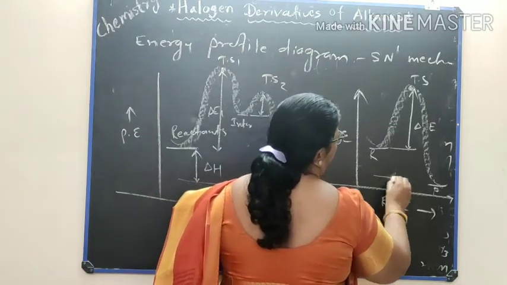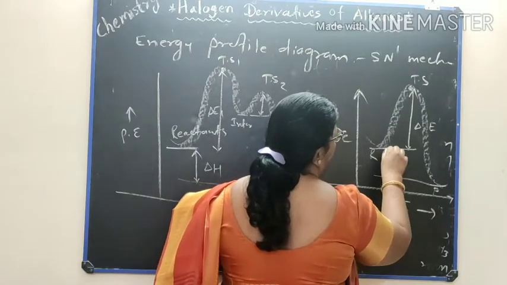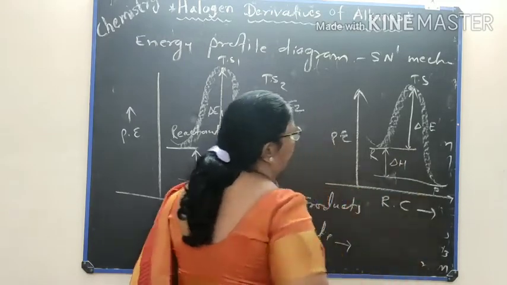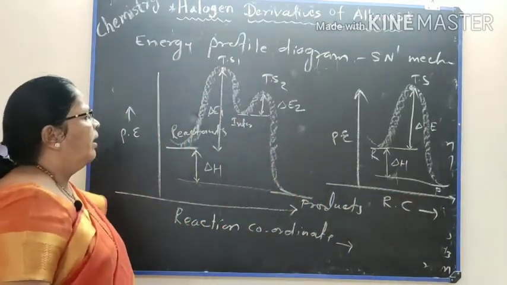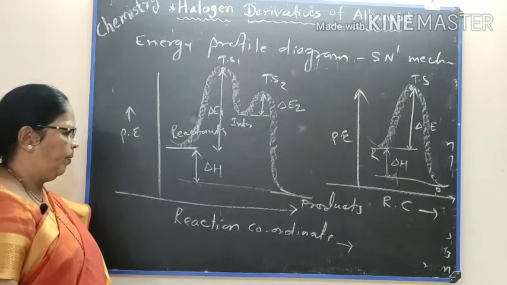The energy difference between reactant and product is called the heat of reaction or change in enthalpy.